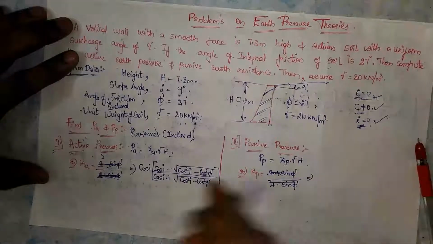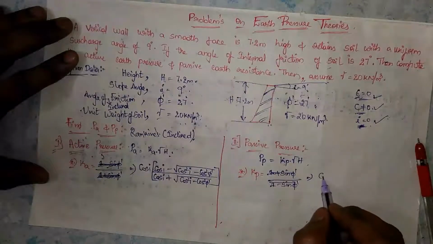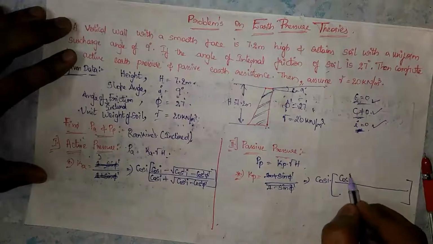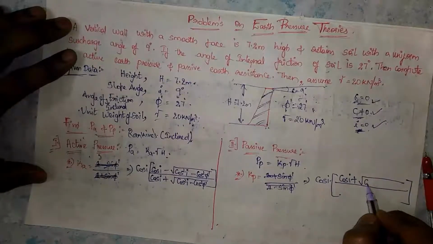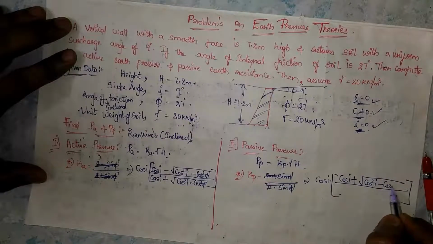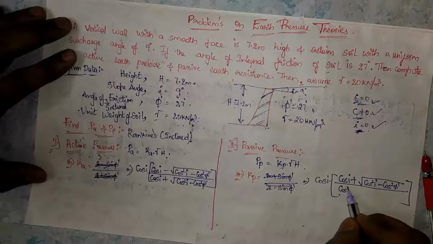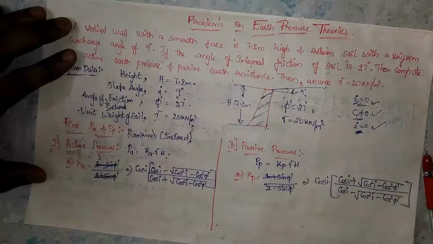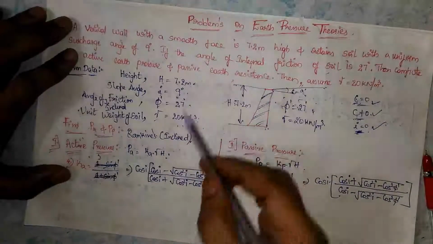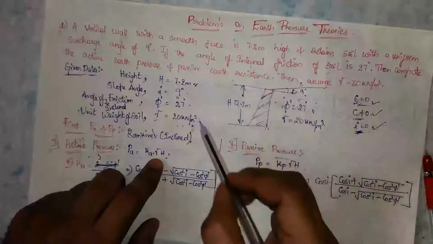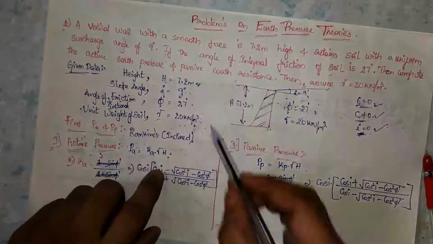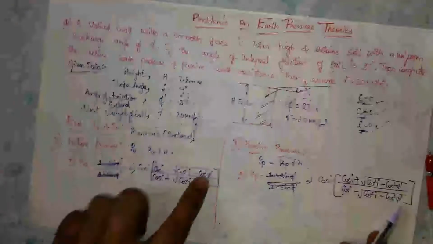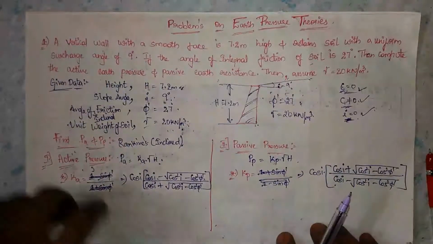So for the inclined surface, the active earth pressure is cos i into (cos i plus root of cos square i minus cos square phi dash), next (cos i minus root of cos square i minus cos square phi dash). So check here the given parameters. H has been given, right, next unit weight has been given, right, angle i has been given, right, and angle phi dash has been given, right. So totally this formula is suitable to solve the problem.